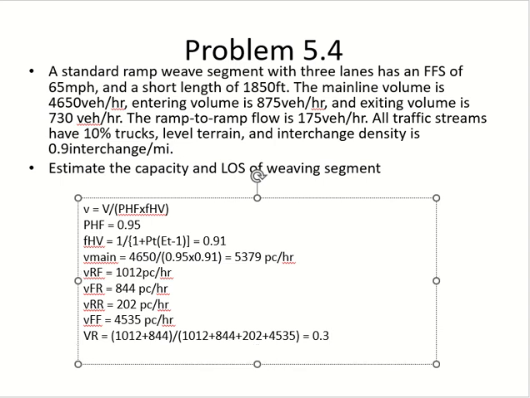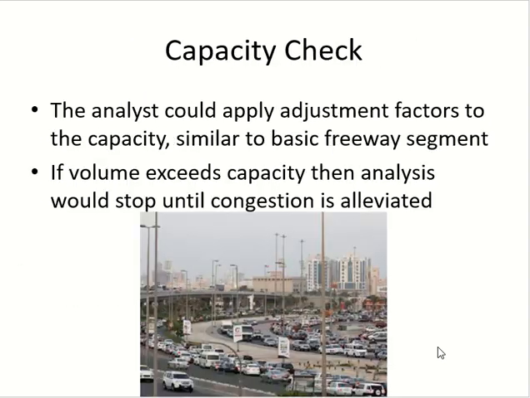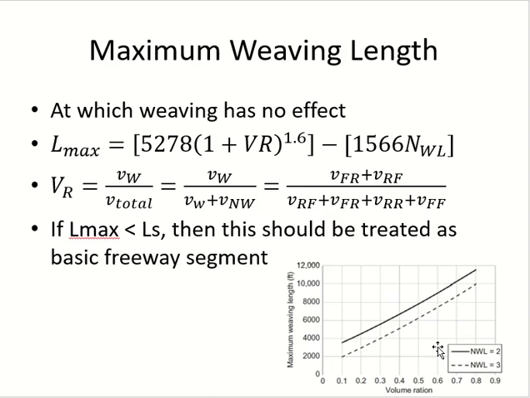Okay, L max. So VR is 0.3, NWL is 2. Give me this value. If I want to use a graph, obviously I cannot use it accurately. So I have two weaving lanes, standard weave.